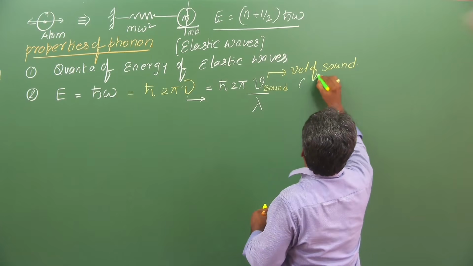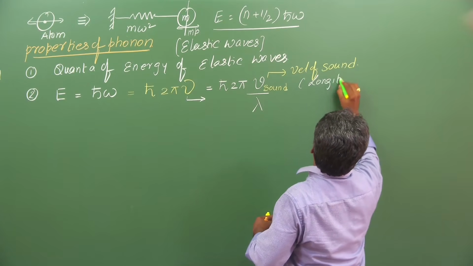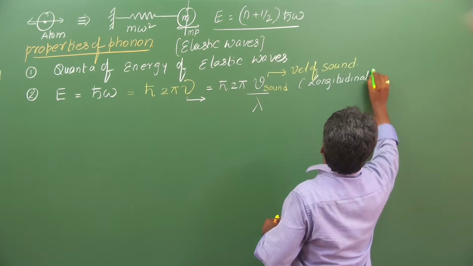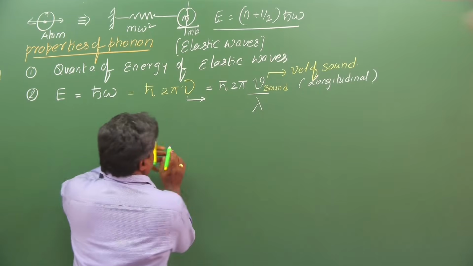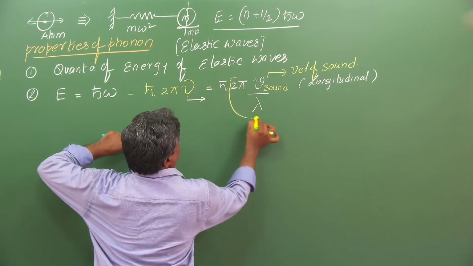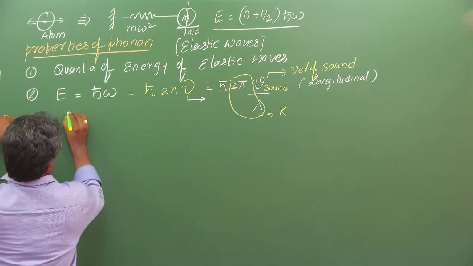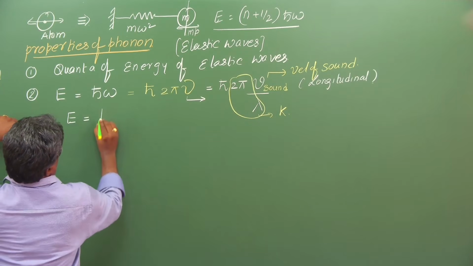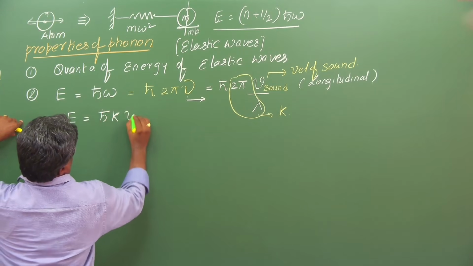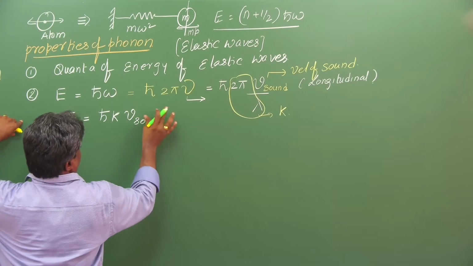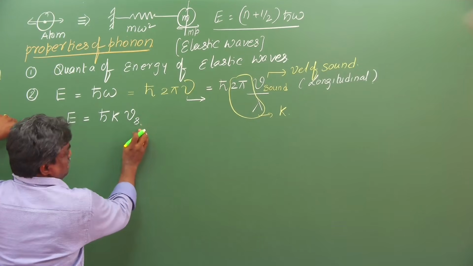That's why these are longitudinal. And I hope you know what 2 pi by lambda is. That's why energy is equal to h cross K times the velocity of sound. Shall I write Vs? That's it.